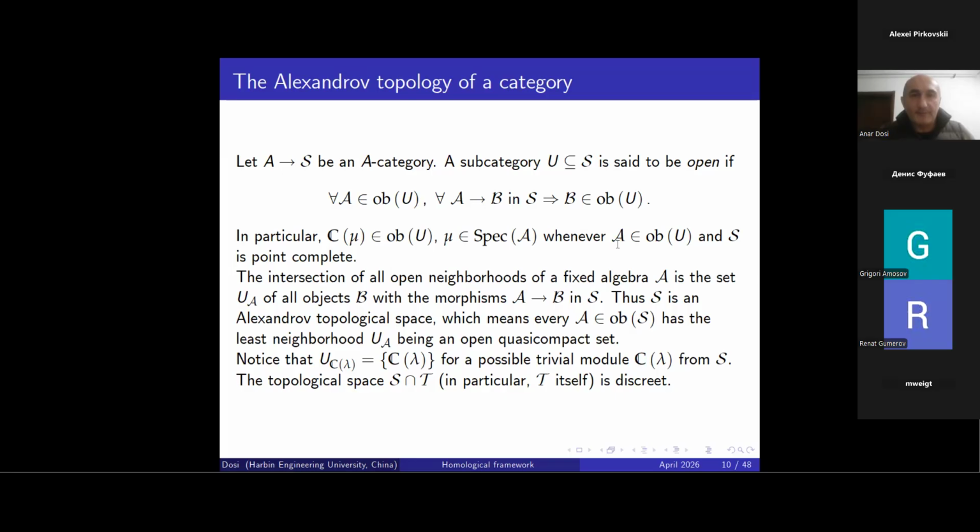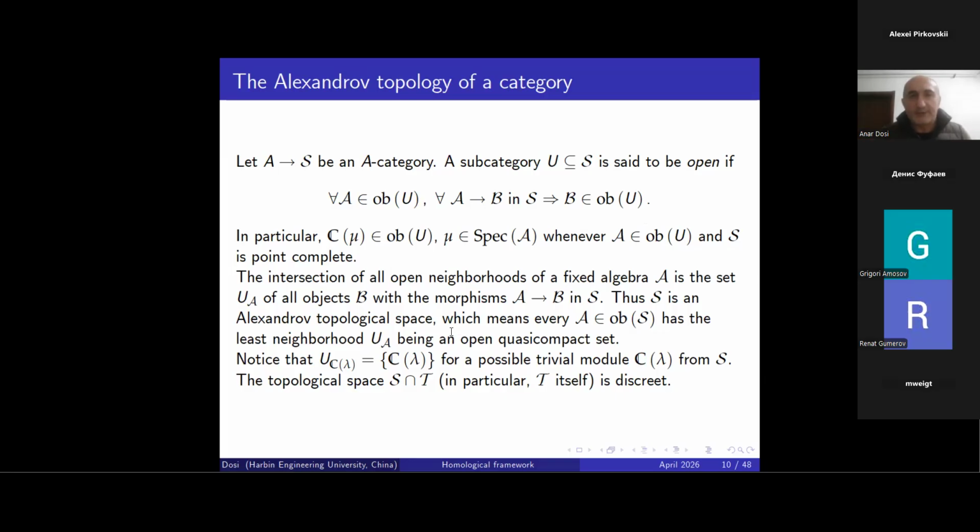For example, trivial modules will always be inside of U if A is an object of U and certainly S is point complete. If you have trivial modules, they must be in. This is the open set.